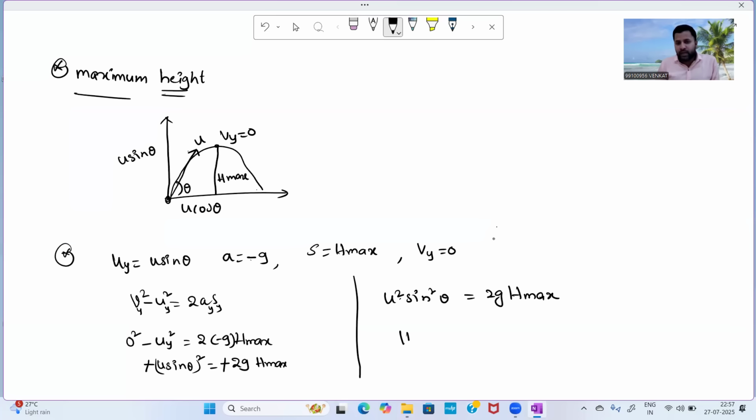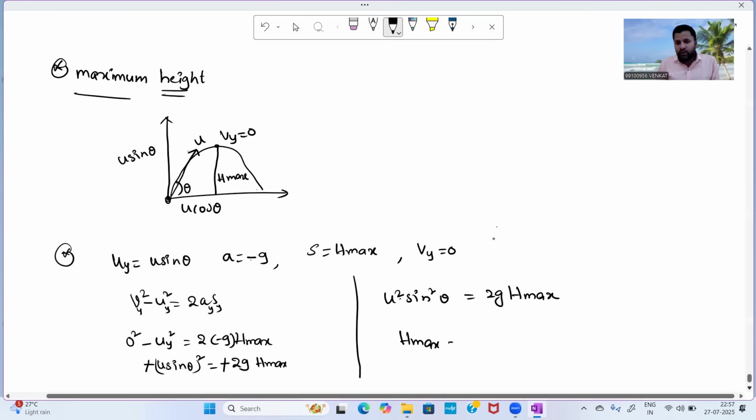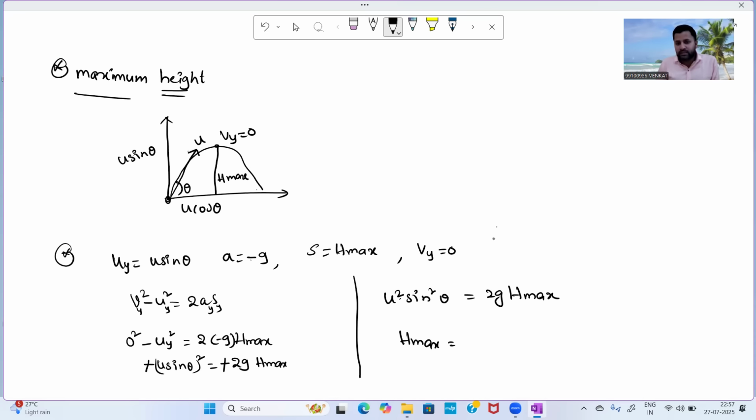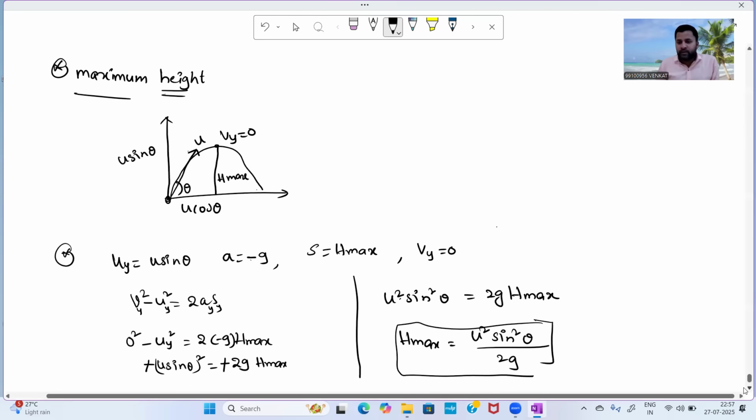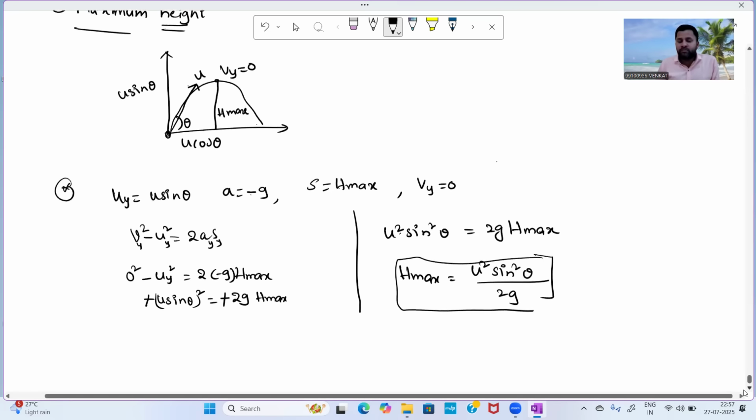Then from this equation, h max equals, sending 2g to the other side, u square sin square theta by 2g. So now this is h maximum. At which angle will it be maximum?